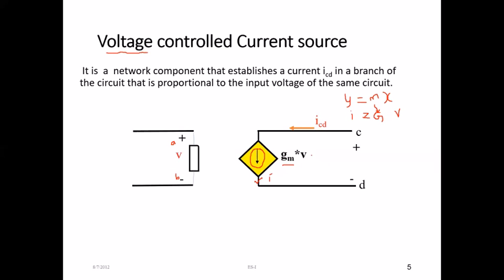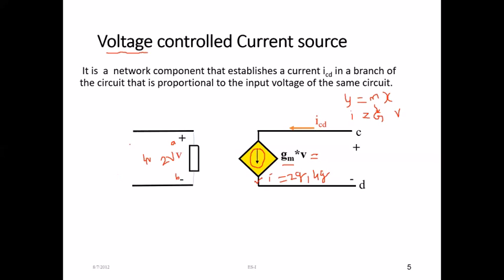The current flowing through this current source depends upon voltage across this particular branch. If the voltage across this branch is 2 volts, then the current value will become 2 into G. If the voltage increases to 4 volts, the current given by this current source will increase to 4G.